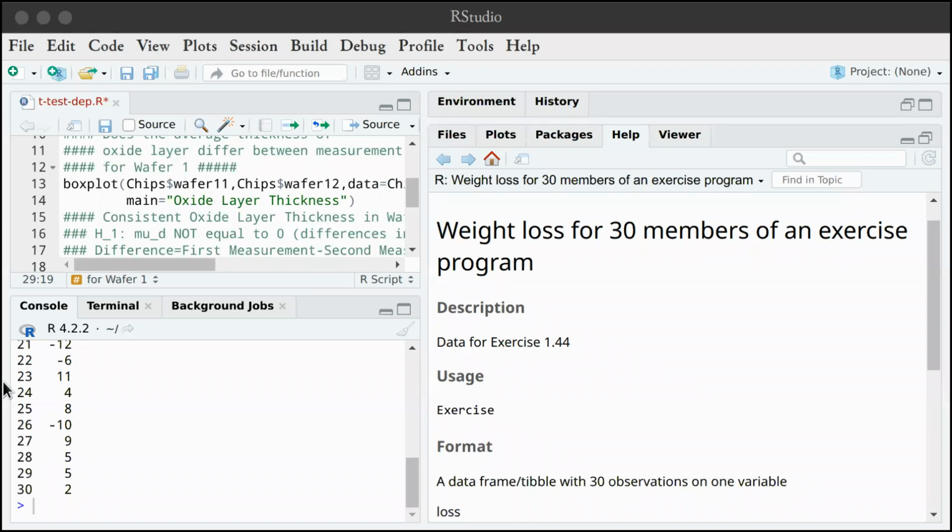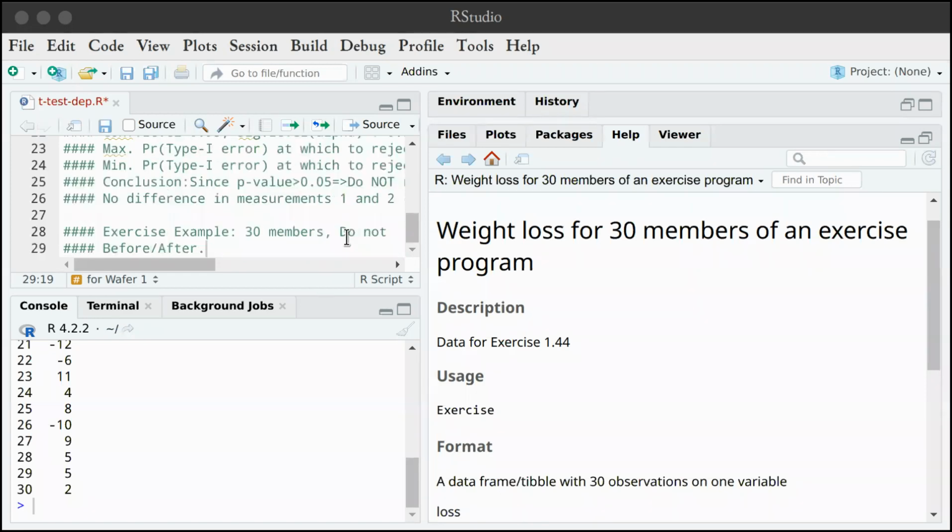Since I don't know how I define the difference, I would rather go for a two-tailed test asking the question, is there no difference at all? This exercise program is not worth it. And the case where there are differences.